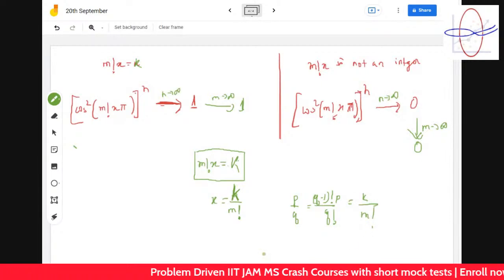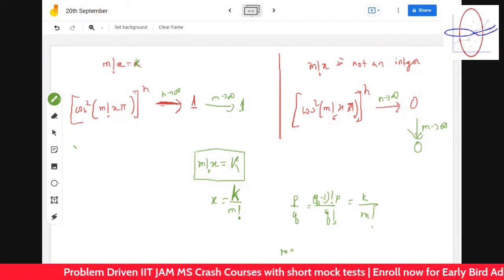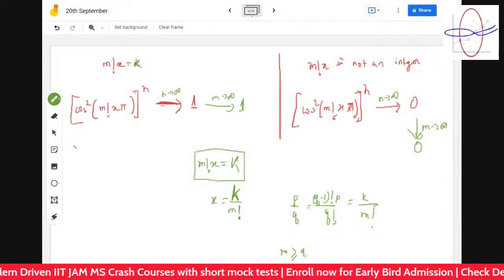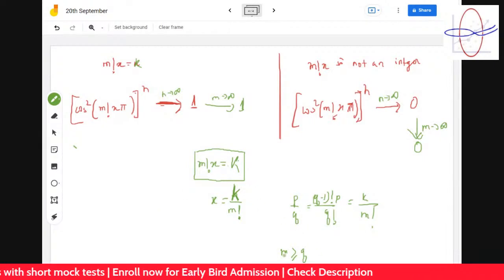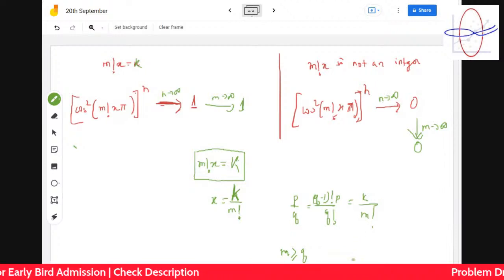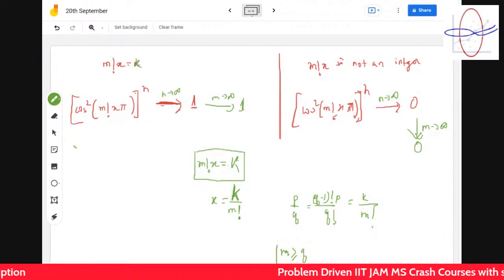In fact, for all m greater than or equal to q, if x is p by q, m factorial x can be written as k. Okay, that is always true. For all m greater than or equal to q, it can be written like this.